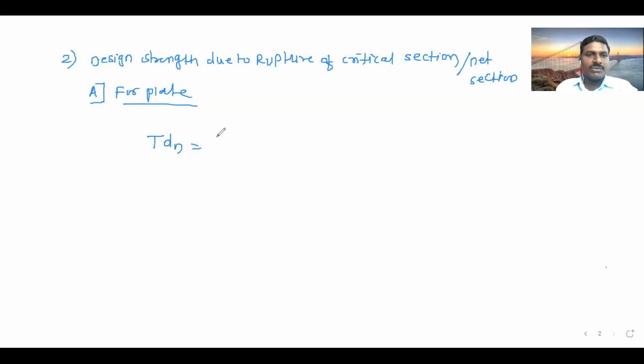So TDN is equal to, for plate we use the formula 0.9 into AN into FU divided by gamma M1. TDN, we have to calculate the strength due to rupture of critical section, that is 0.9 into AN into FU divided by gamma M1. That is the strength for the plate.